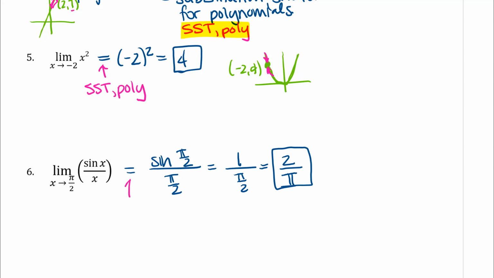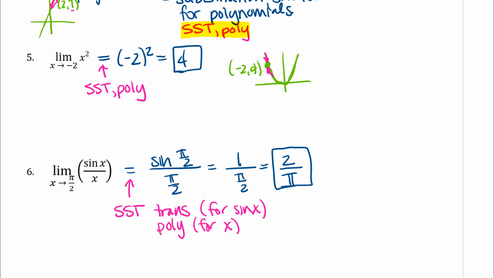All right, so which theorems did we use? I used a substitution shortcut theorem for transcendental functions, for the sine function in the numerator. I used a substitution shortcut theorem for polynomials, or I could think about the identity function, for the denominator when I substituted pi over 2 into the denominator.